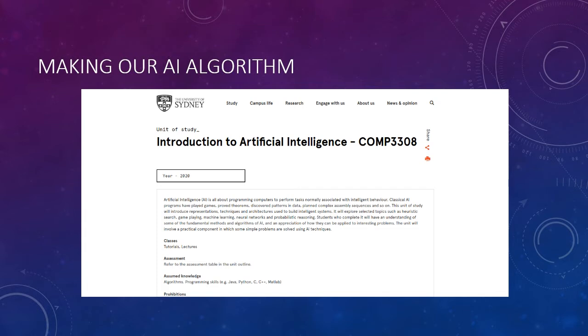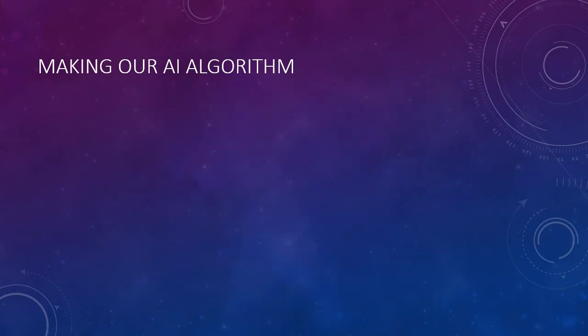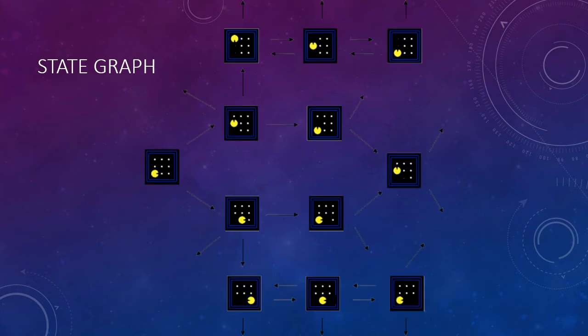To create our agent, we need two things. First, we need the concept of a state, which defines the environment the agent is currently in, as well as the actions that it can take to go from one state to another. This is best represented as a state graph with arrows showing actions.